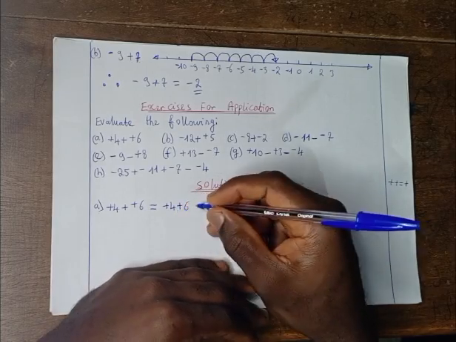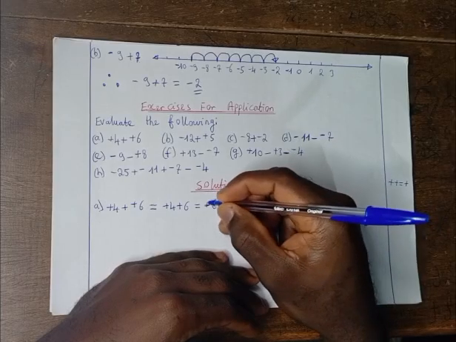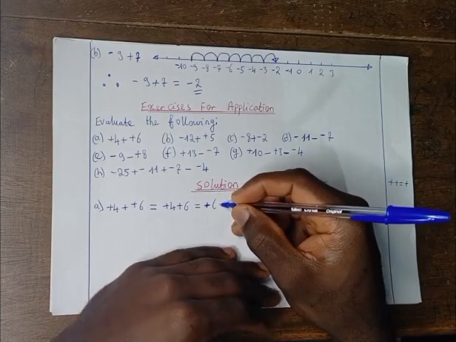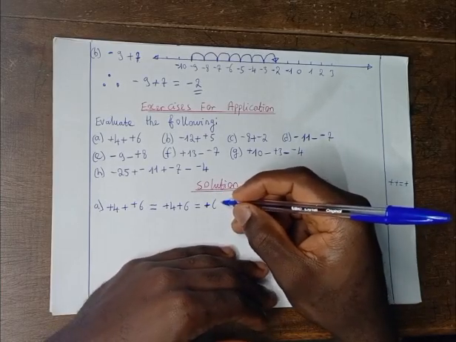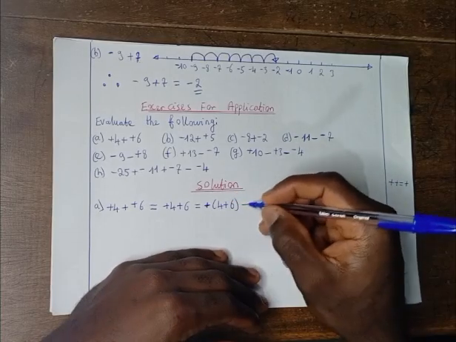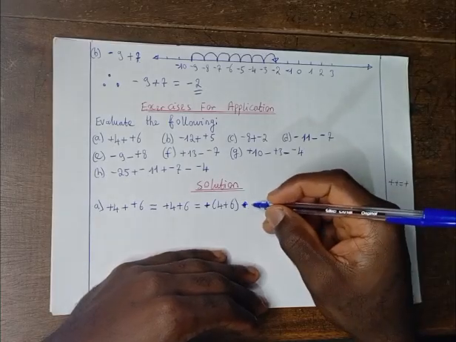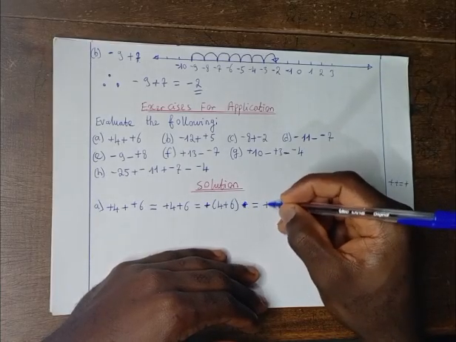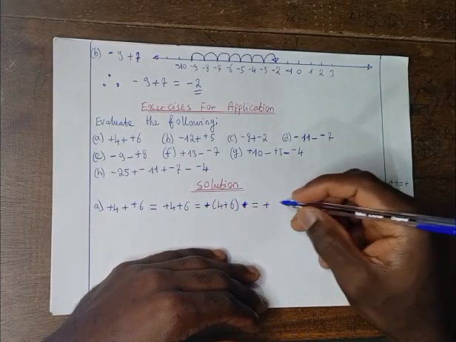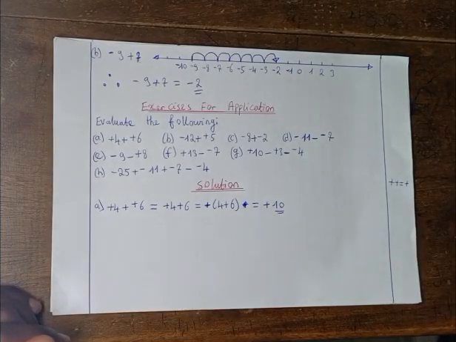The two numbers are of the same sign, so we are going to add the two numbers, then the result will carry the common sign. So this will give us positive 4 plus 6 gives us 10. So our answer will simply be positive 10.